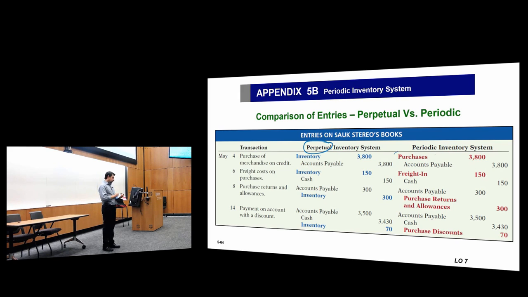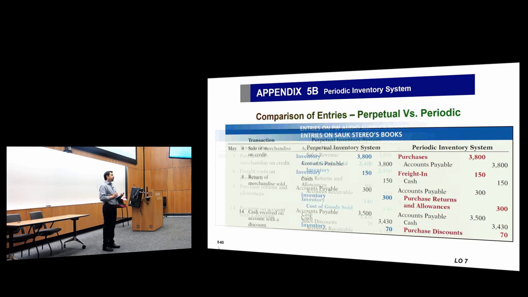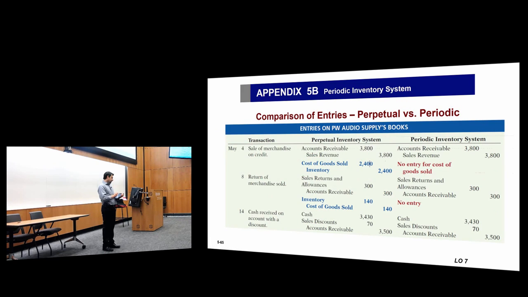Compared to that one, we have purchases, freight in, purchase returns and allowances, and purchase discounts. Using the perpetual system, it was always inventory. And on the sales part, we calculated the cost of goods sold after every transaction. Here, there was no entry for the cost of goods sold. Any questions?